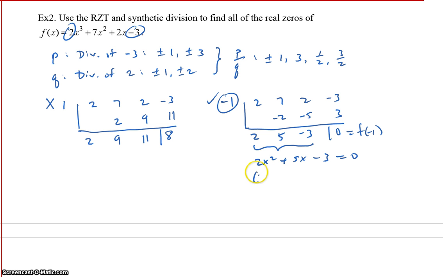And indeed, we can just factor using 2x and x, 3 and 1, plus and minus. That gives us the correct factored form. Setting the factors equal to 0 and solving for x gives us 1/2 and negative 3.